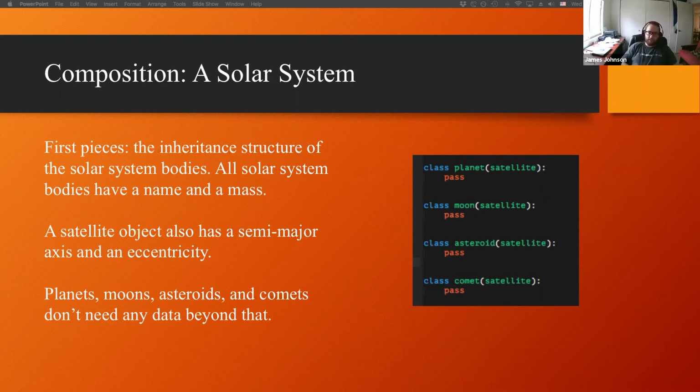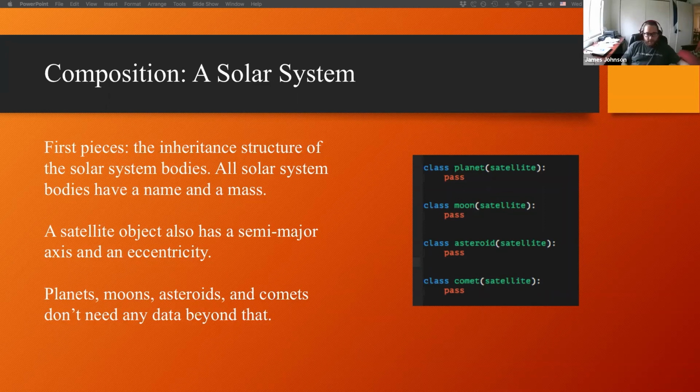And the same with the moon and the asteroid and the comet. But here, for this example, if we're not going to have them be anything beyond semi-major axis and eccentricity, then we can simply let them inherit those properties and setter functions, and we don't need to write any additional code. We just simply declare the class, say pass, and move on, and everything is automatically inherited.